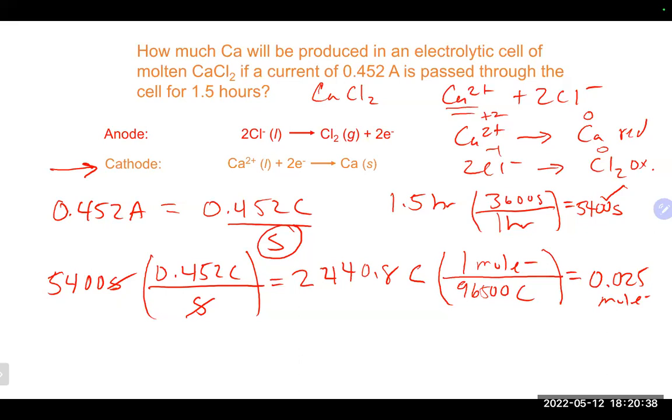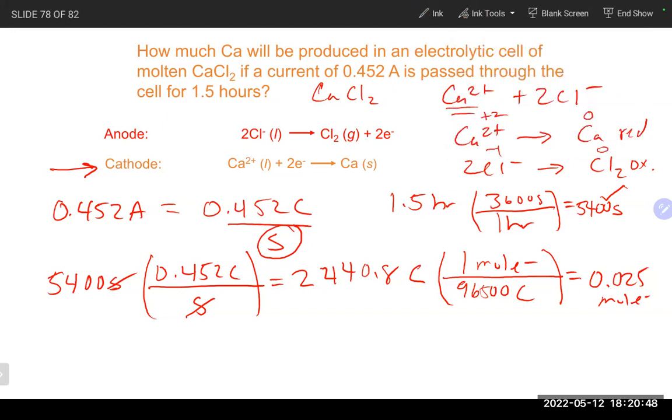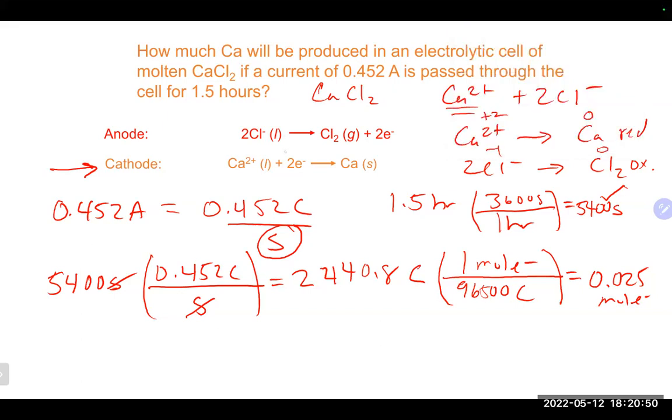At this point, we really could go to either one of the things. If we were interested in both, we could do both. But in this case, we'll do what the problem asks, which is we're interested in the calcium. So once we get to moles of electrons, we could use the balanced half reaction to go from moles of electrons to moles of calcium.